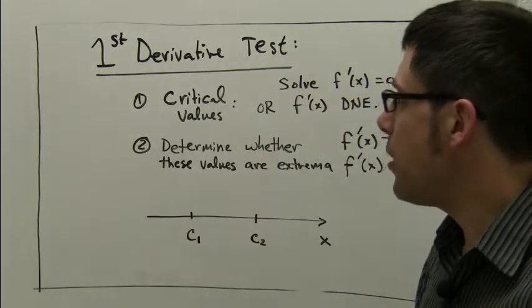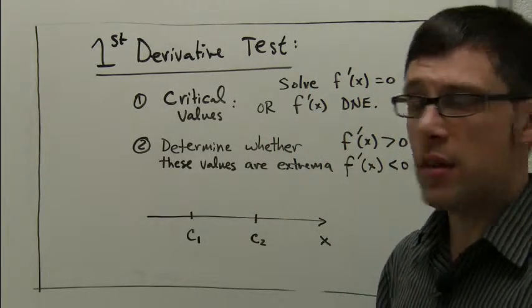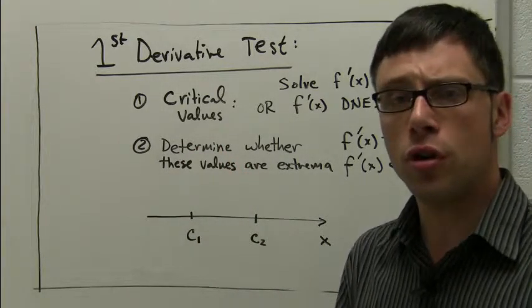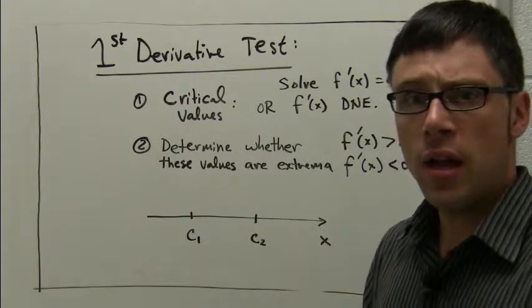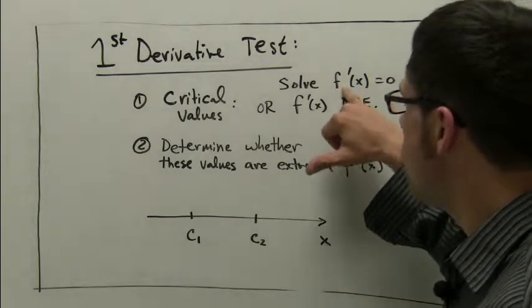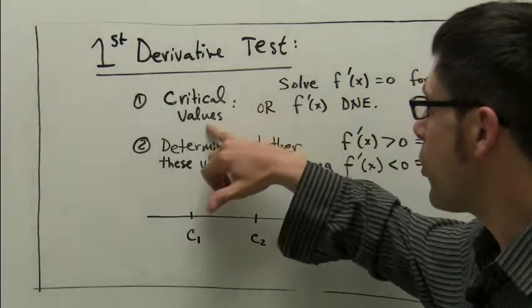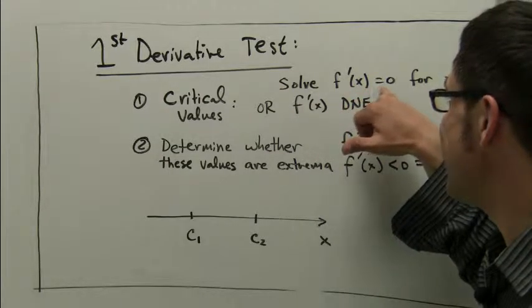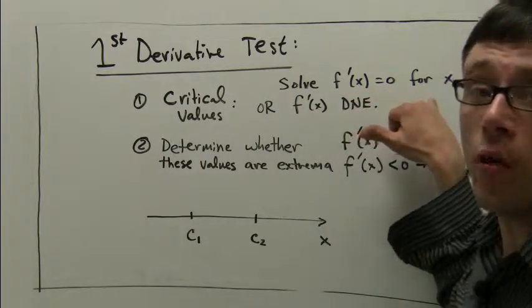The first step in the first derivative test is to find the critical values of a function. Remember that critical values occur at two locations. They're places where either the derivative is equal to 0, so in order to find the critical value, we solve f'(x) = 0 for x.